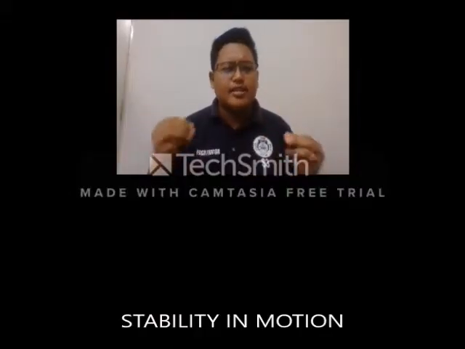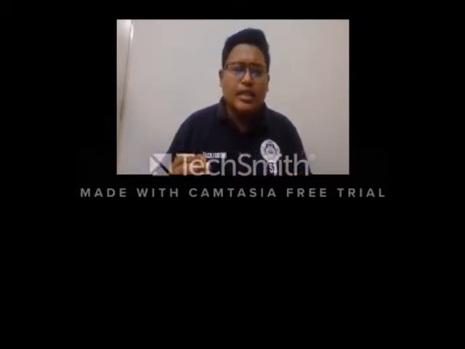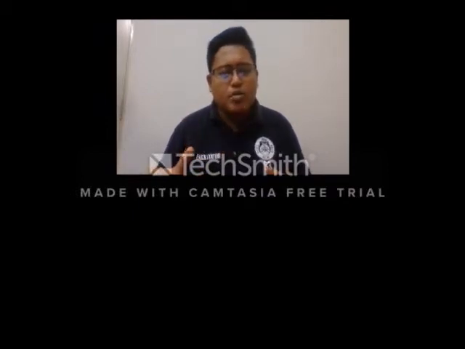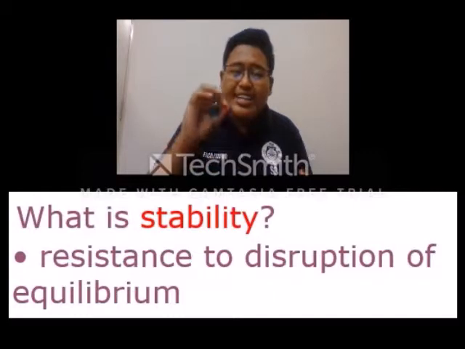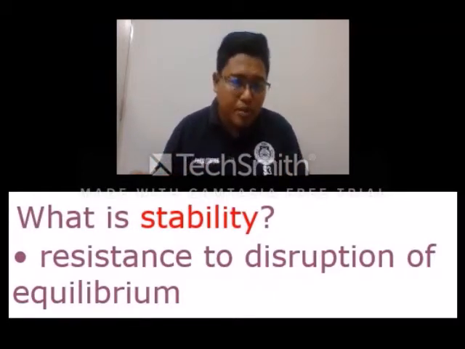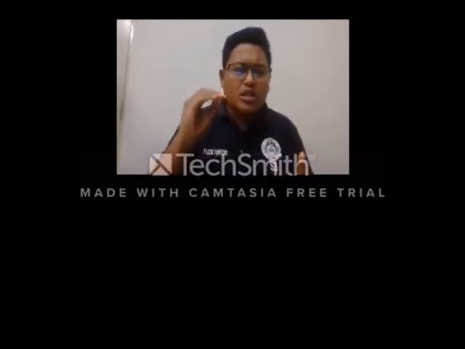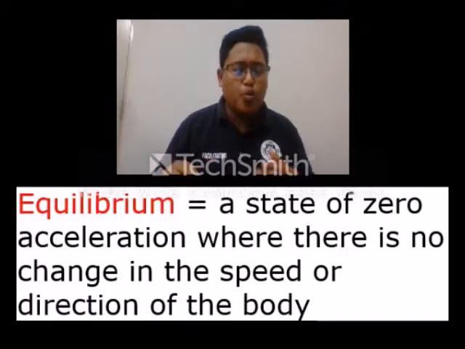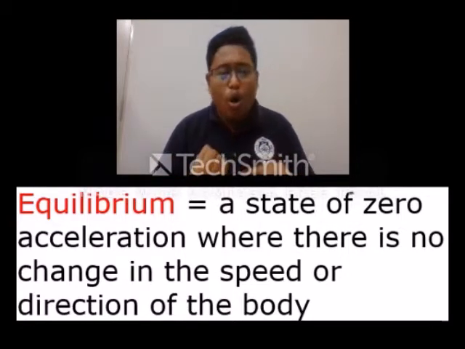Stability in motion. Why does a golfer need stability? For your information, what is stability? Stability is an ability or resistance toward the disruption of equilibrium. So, what is equilibrium? Equilibrium is a zero state of acceleration where the body does not have any change in speed or direction.